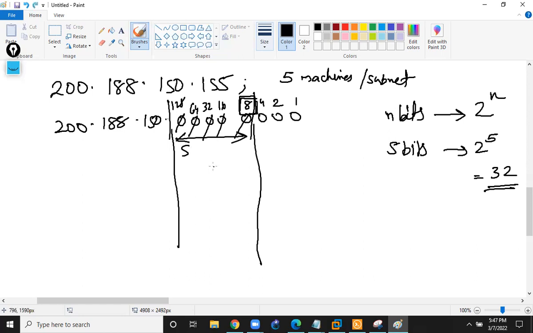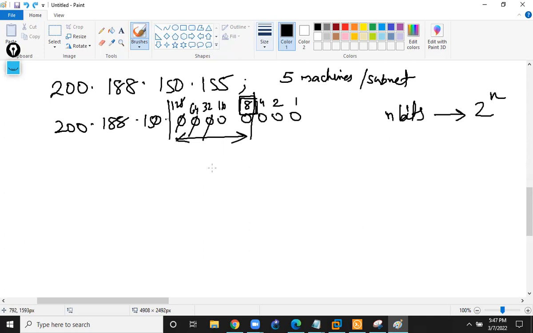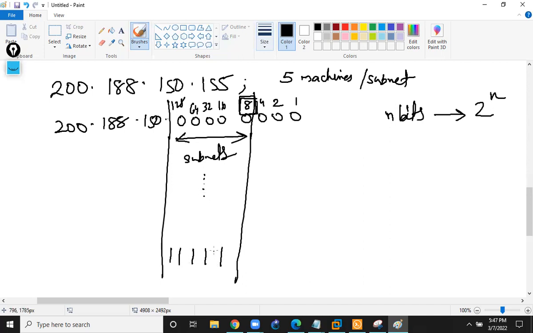Okay, so here you got 5 bits. The values will keep on going till the final value, where all the 5 bits become 1. If the 5 bits become 1, that is where the last subnet will come, that is the last subnet.